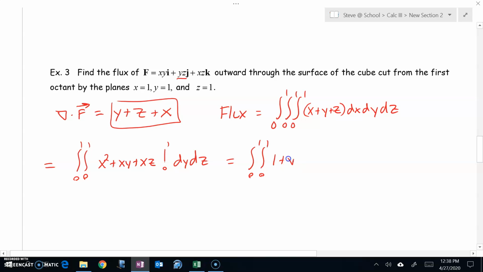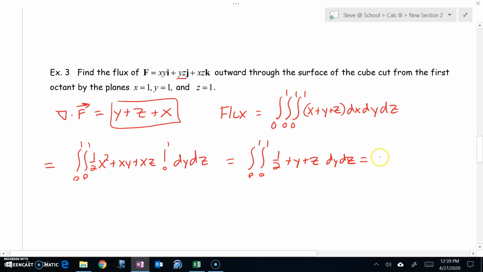So 1 plus y. Wait, that's not correct. I screwed something up. This should be a 1/2. Excuse me, 1/2 x squared. That's one of those days, everyone. 1/2 x squared plus xy plus xz. Now, when you plug a 1 in, you get the 1/2 plus the y plus the z, dy dz. You'll actually start seeing a pattern for this problem because it's the way it is.